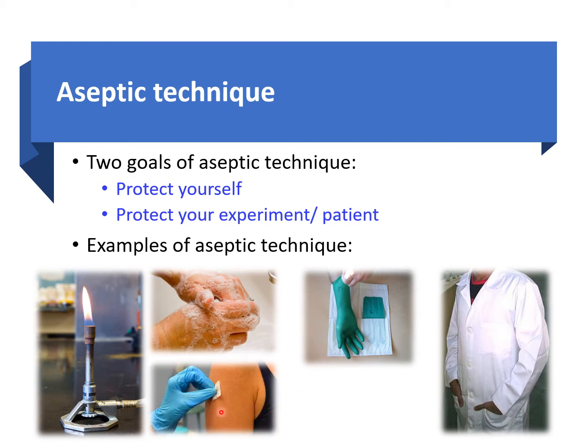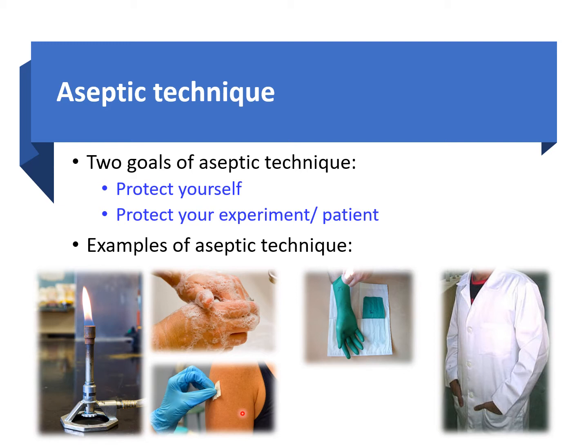Now, one other aseptic technique that you usually find healthcare professionals doing is, before they go ahead and inject you, they usually sterilize your arm with an alcohol swab. Now, why are they doing that? Because since we said microbes are found everywhere, they're even found on your skin.